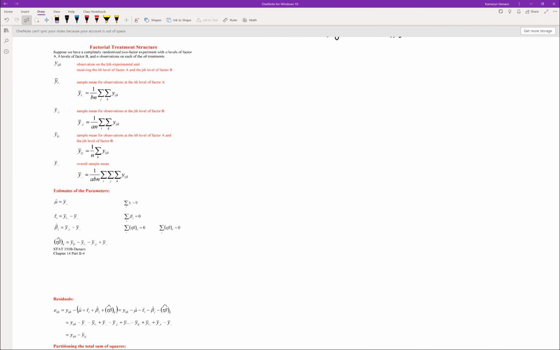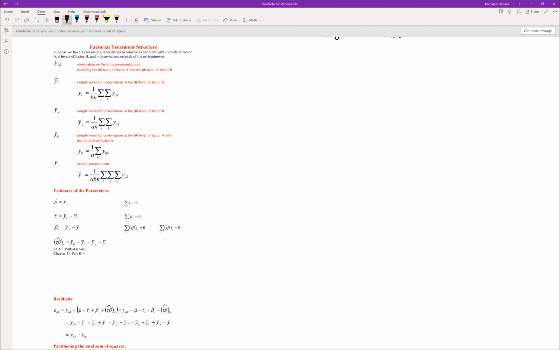We're going to say, suppose we have a completely randomized 2-factor experiment with A levels of factor A and B levels of factor B and N observations on each of the AB treatments.